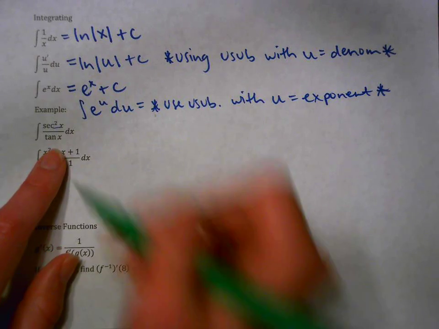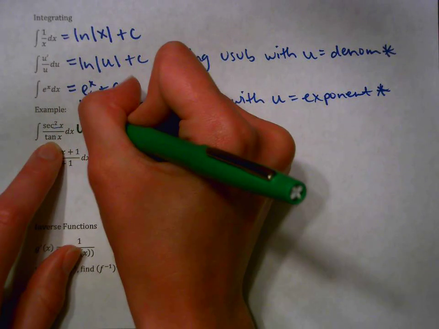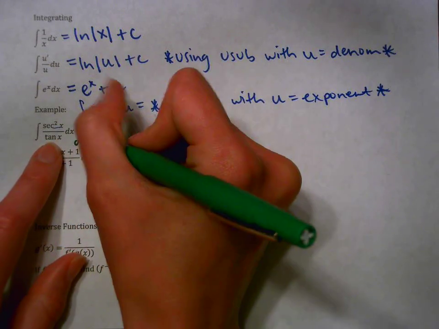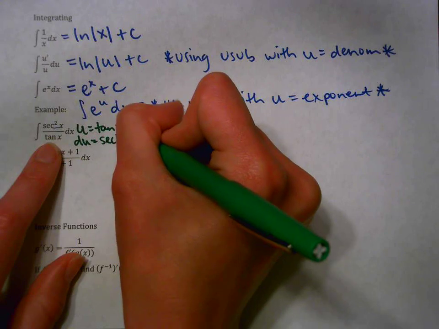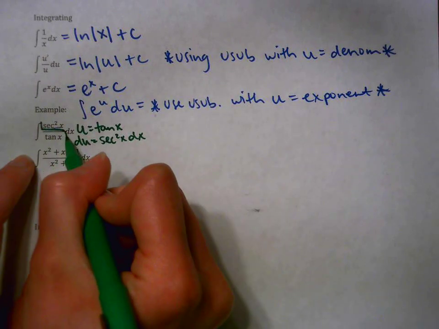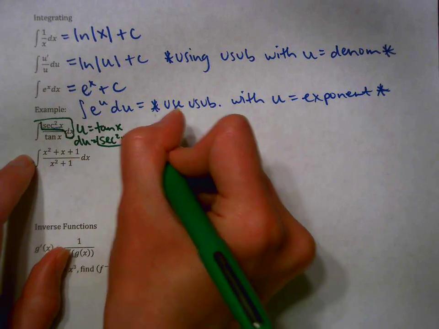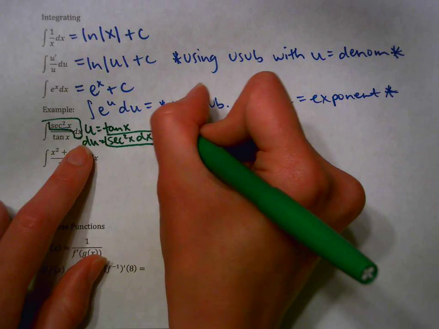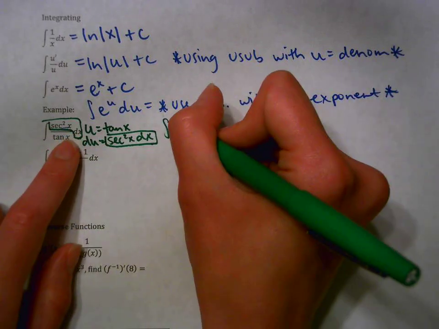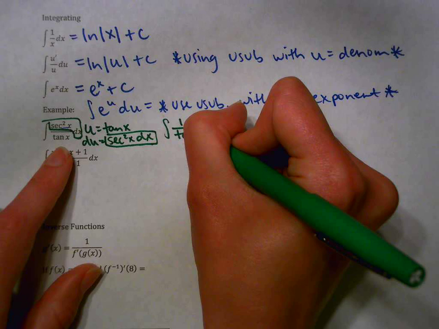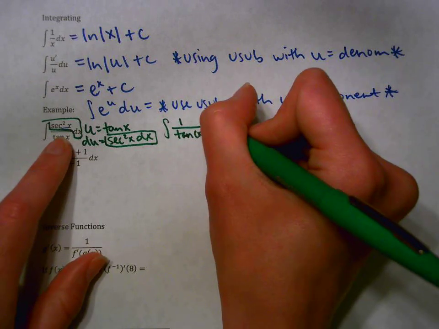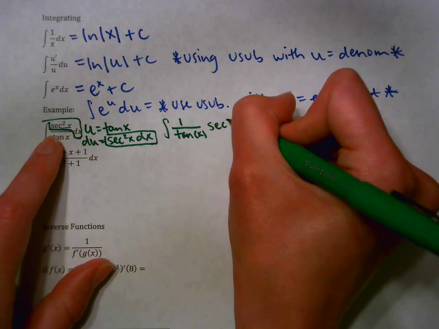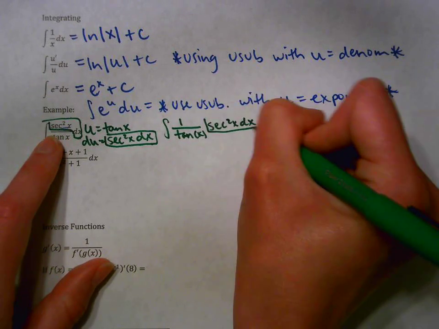So if it's that case, then let's try making u the denominator. That makes du, the derivative of tangent, secant squared dx. So we see that we could box the secant squared dx, and all that's going to get replaced with du. Then we're going to rewrite our integral. If you want to pull this to the back, you can, and make that 1 over tangent x, times secant squared x dx, which is what we boxed.